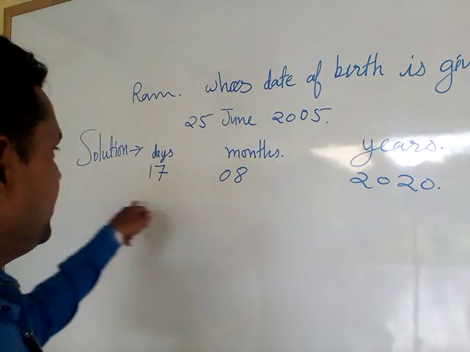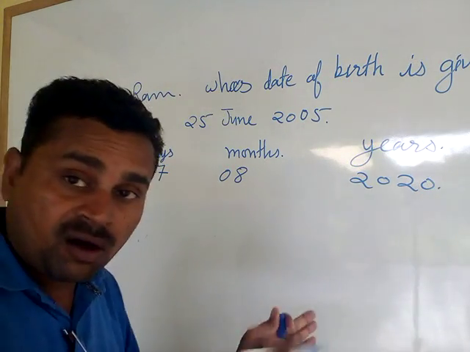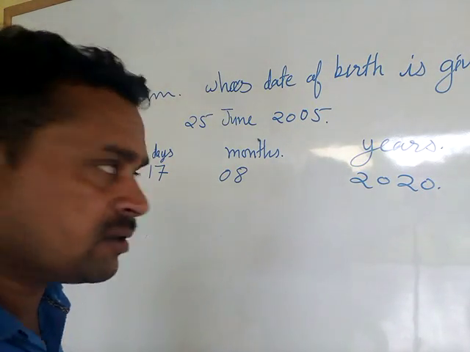This is the present date, and we need to find out the total age, the period of the person.